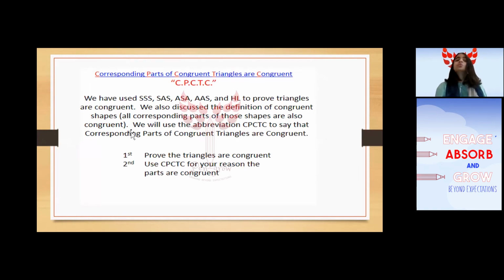Okay, so we have used all these properties, SSS, SAS, angle side angle, ASA can even be used, RHS, all these properties. And we even know the definition of congruent. And there is one abbreviation which you can use, CPCTC. That means corresponding parts of congruent triangles are even congruent.